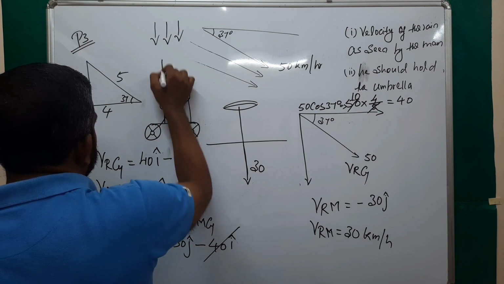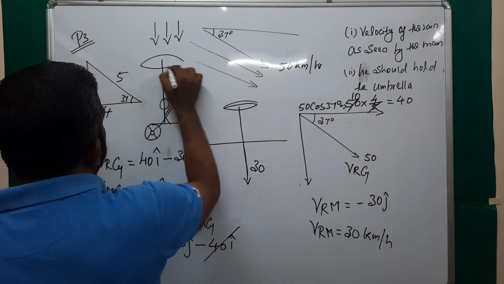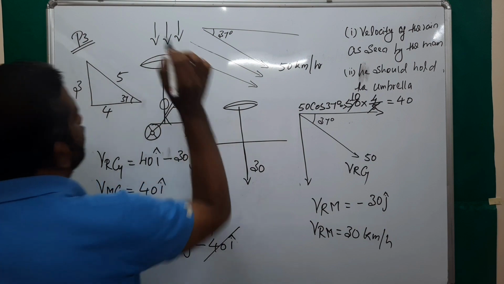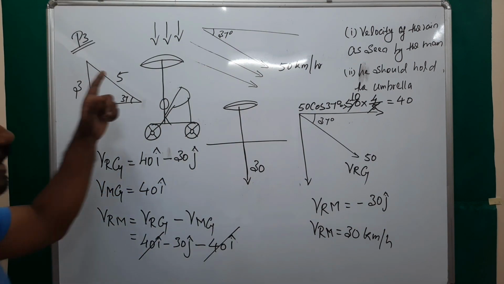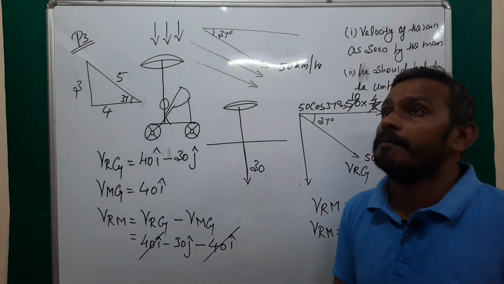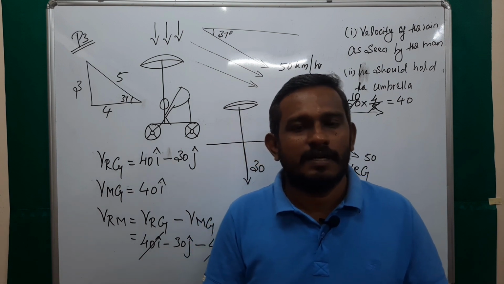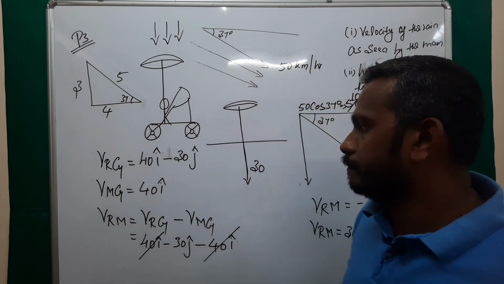He should hold the umbrella in this direction. That is the answer for the second question. So the man in the cycle should hold the umbrella perpendicular to the downward direction. Correct? Clear?